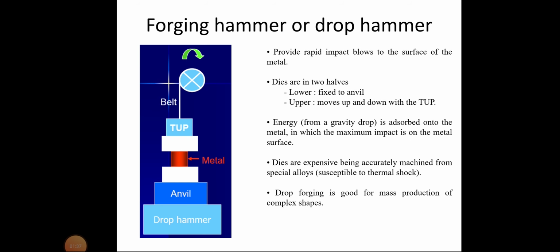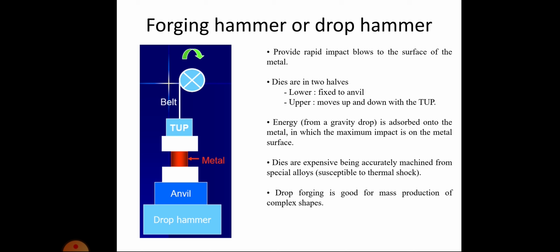The second one is the forging hammer or drop hammer. This will provide rapid impact blows to the surface of the metal. Dies are in two halves. That is, the lower die which is fixed to the anvil, and the upper die which moves up and down with the tup.